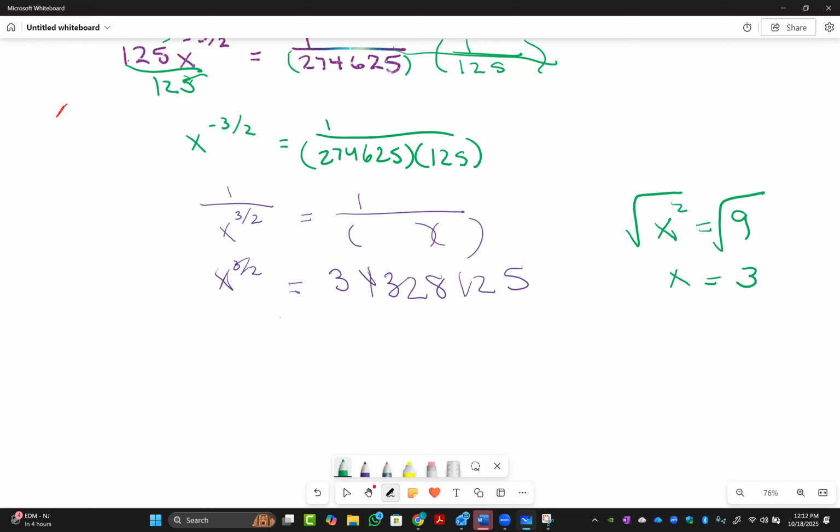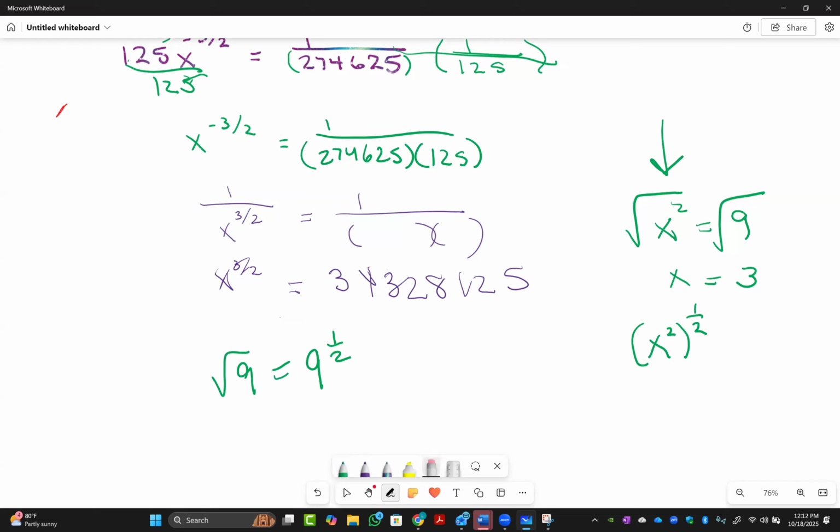The reason that this works is because I have x squared to the 1/2 power, don't I? No, I don't. That's the part I don't get. Well, what does the square root do? Doesn't it put whatever, like if I have the square root of 9, that equals 9 to the 1/2 power, doesn't it? Oh, I see what you're trying to say.